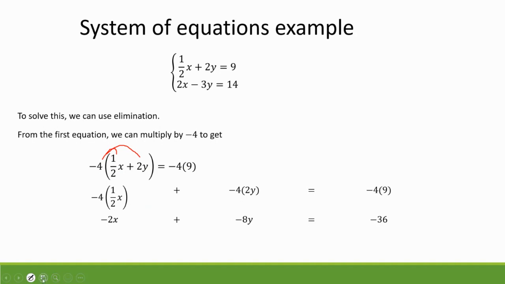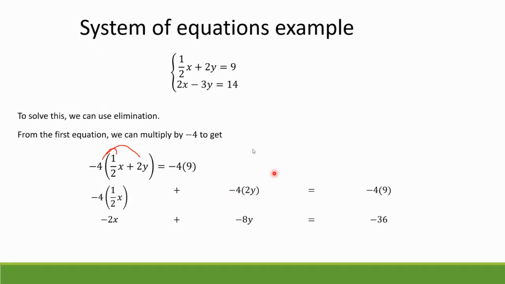So we have -4 times 1/2 times x plus -4 times 2y equals -4 times 9. If you carry out these products, you get -2x plus -8y equals -36. So that's our new first equation.